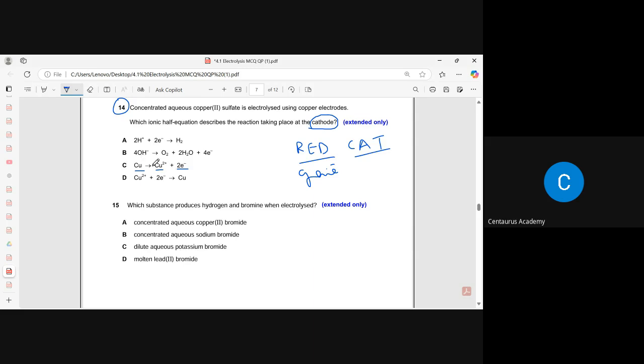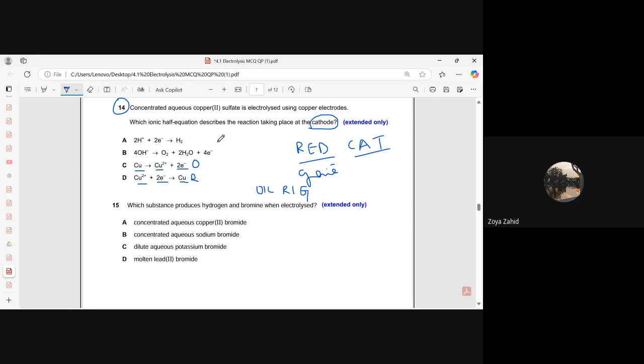So option C says vice versa. Option D says copper ions are going to accept two electrons to be discharged as copper metal. So this only is the reduction reaction. This will be an oxidation reaction since it is losing electrons. Oxidation is loss of electrons and reduction is gain of electrons. Are we clear?